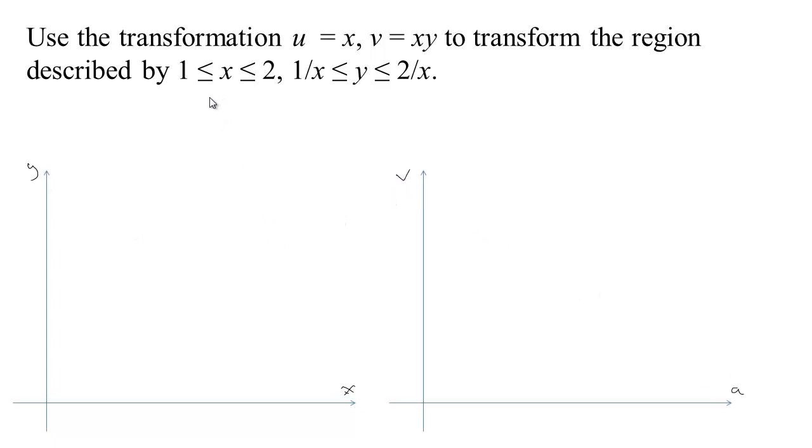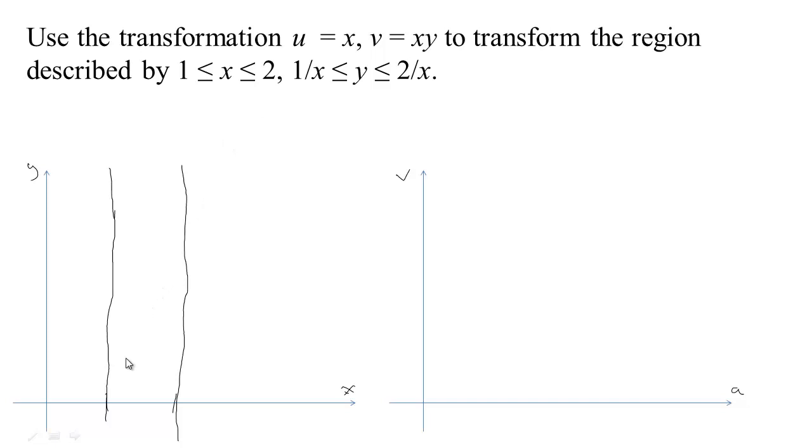Let's look at the region in the xy plane. x is between 1 and 2. So if this is 1 and that's 2, x has got to be in that region there. Okay, between 1 and 2. And y is between 1 over x and 2 over x.